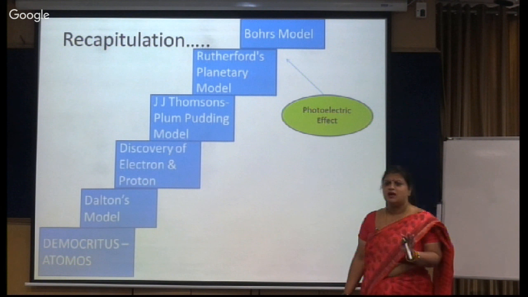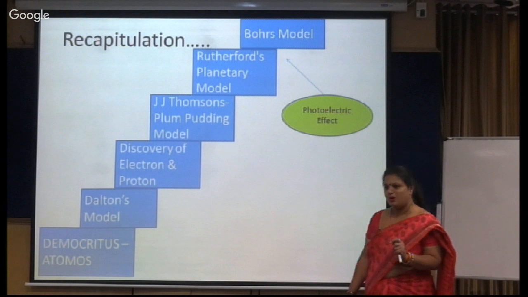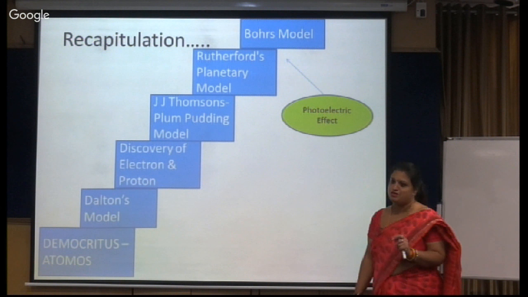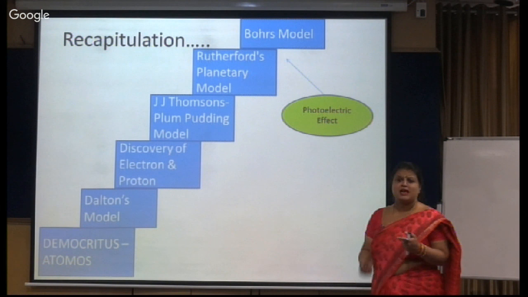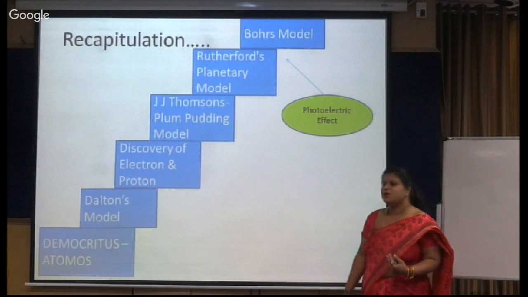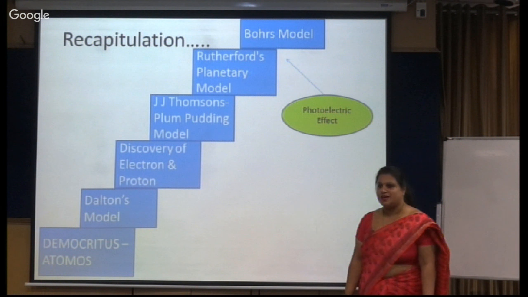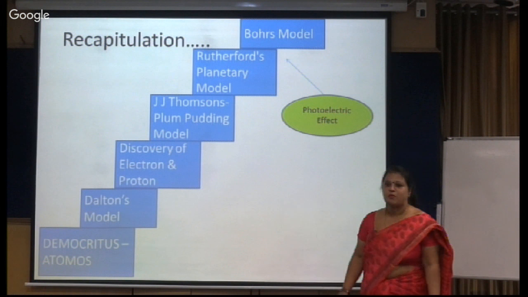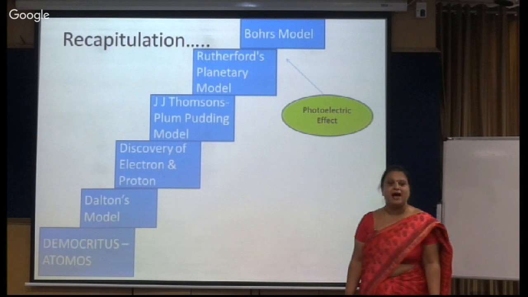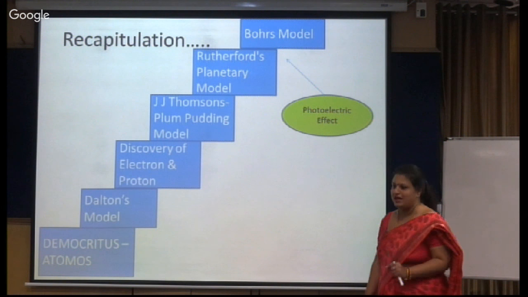Though his work at that point of time was ignored, because during his time there were various other well-known philosophers like Aristotle, Plato, who believed in four elements, that is air, water, fire and soil. So the concept of atomos went neglected for almost 2000 years till Dalton proposed the model, which again was on similar lines, that the atom is the smallest particle, the smallest form of matter.